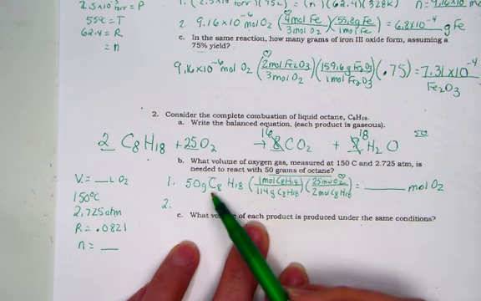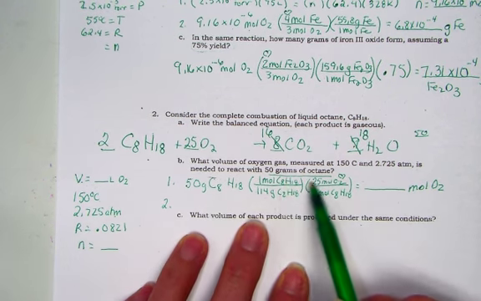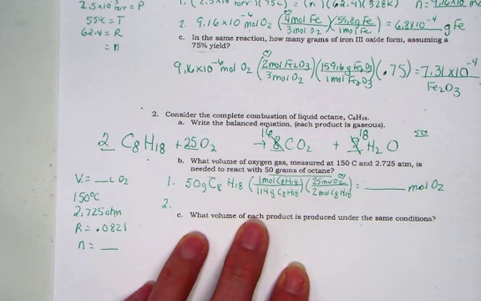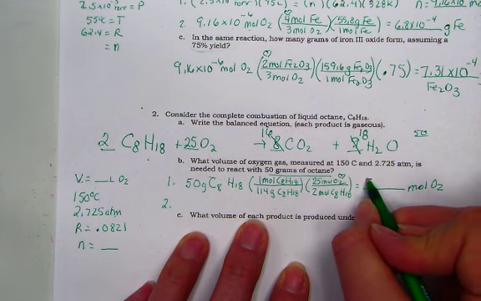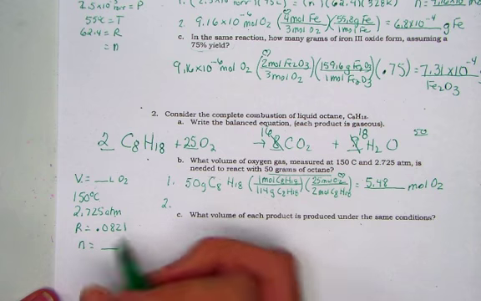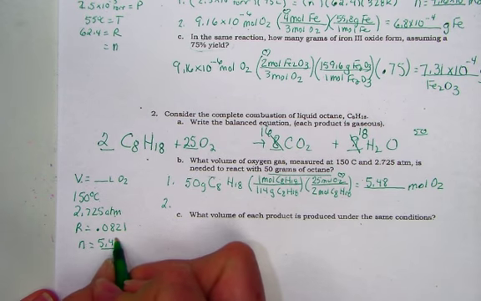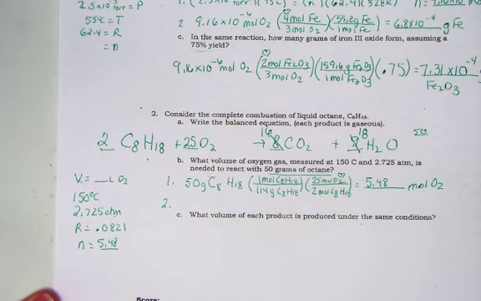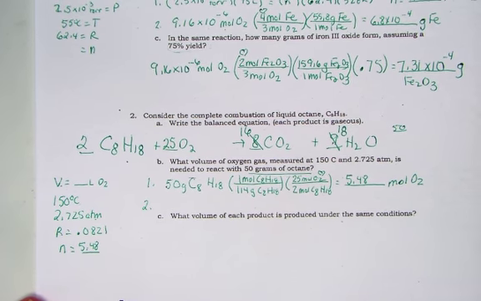We have our 50 grams, want over given ratio brings us out to the moles of oxygen. 50 divide by 114 times 25 divide by 2, and my calculator says 5.48 moles of O2. That becomes the n when we PV=nRT, pulling out n for the value of the volume.